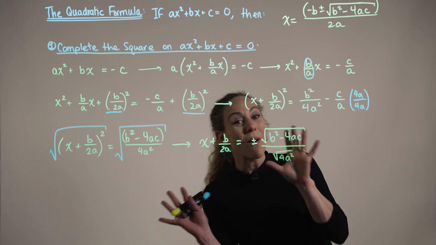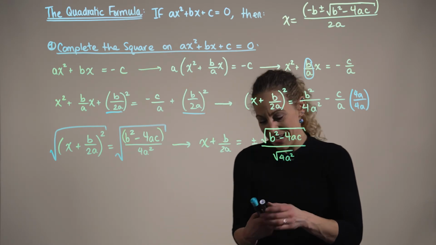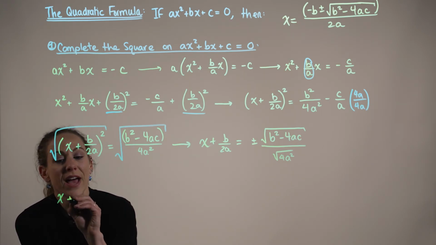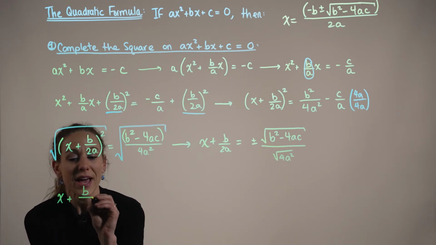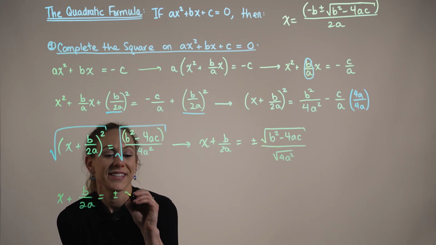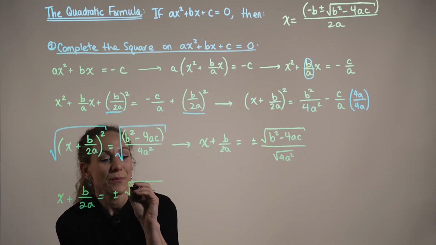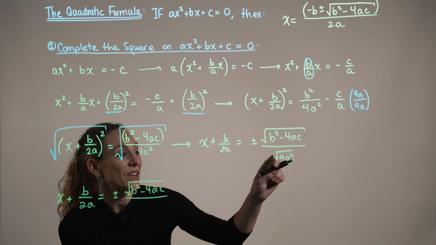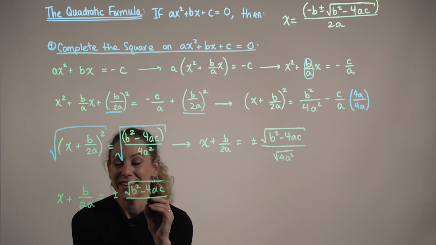So we can take this one step further in simplification and say that x plus b over 2a is equal to plus or minus the square root of b squared minus 4ac, and that's all divided by 2a.